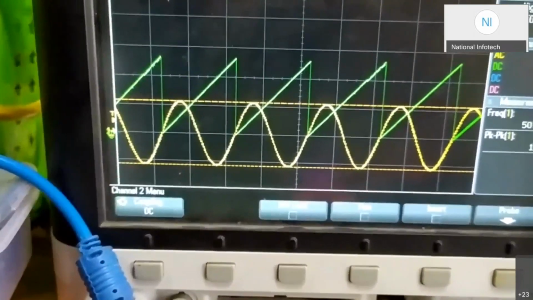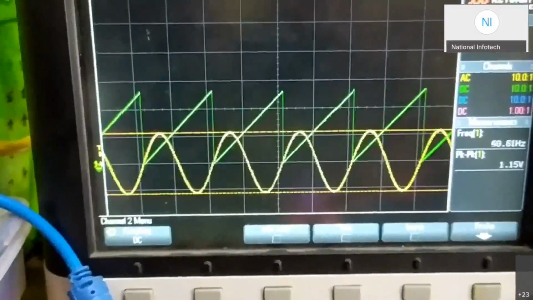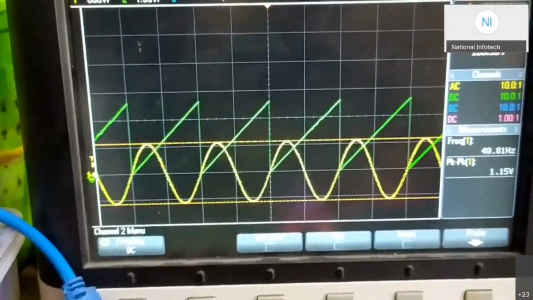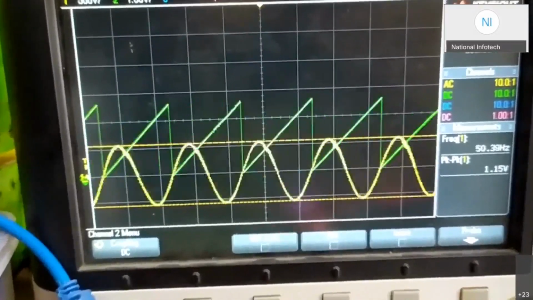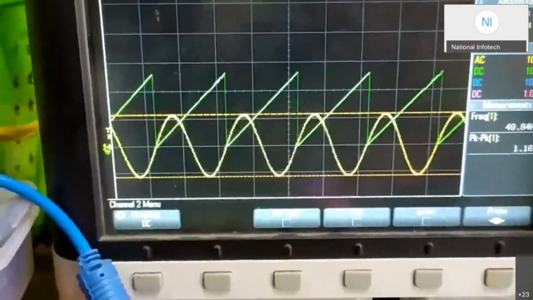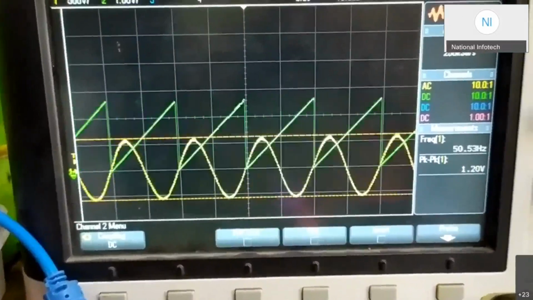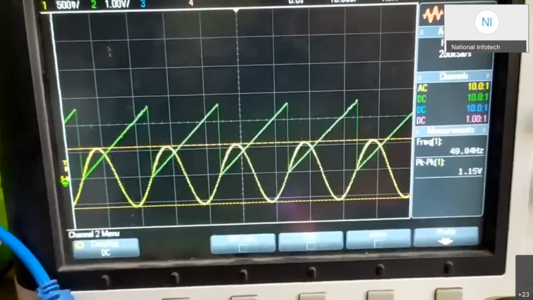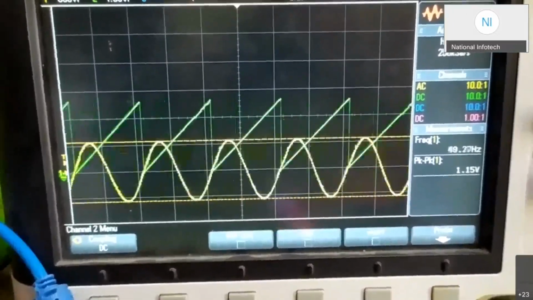So now I will give some magnitude change. See, now we are giving some magnitude change. Is it visible?